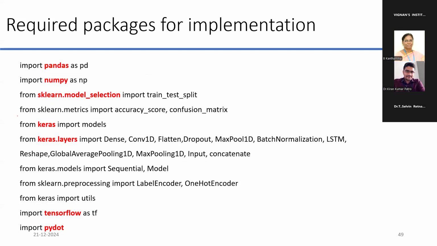So for deep learning implementation, you require different packages. You should have pandas and NumPy. I think some of you are familiar with some of these packages. If you want to manipulate large data, you can use pandas. NumPy is for working with numbers. With sklearn, if you want to work with machine learning algorithms, you can go with sklearn. Then Keras.